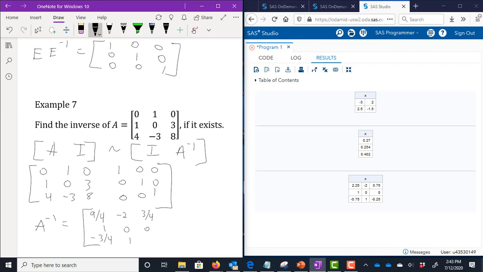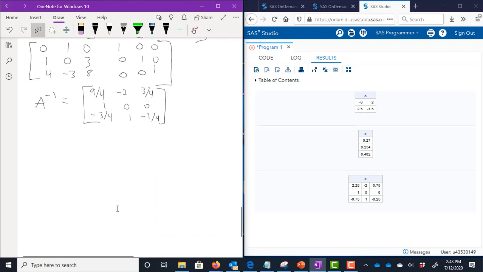And for that final entry, we have ourselves negative 1/4. Alright, so if we were to do the math out by hand, again, it would take a rather long amount of time. We would obtain this inverse here of 9/4, negative 2, 3/4, 1, 0, 0, negative 3/4, 1, negative 1/4. Let me know if you have any questions or concerns. Thank you.